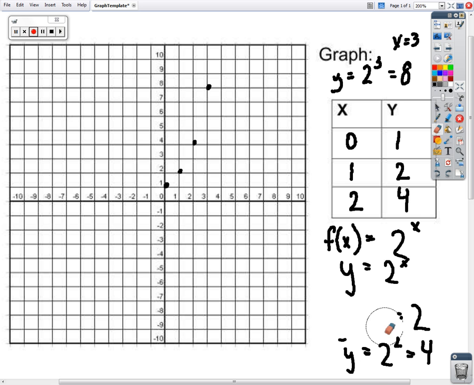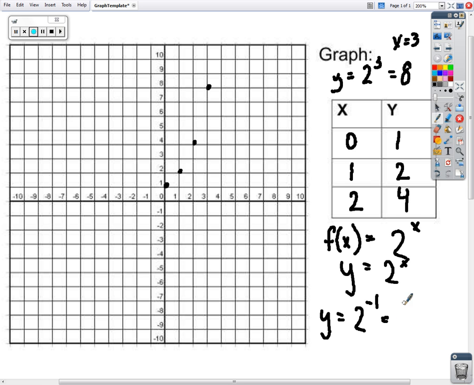So let's erase this stuff down here. And let's find out what happens when x is equal to -1. So if I do y equals 2 to the -1, well, if you put that into your calculator, or do it by hand, remember with negative exponents, take the base that it's attached to and move it to the denominator, so this becomes 1 over 2 to the 1, which is 1/2.